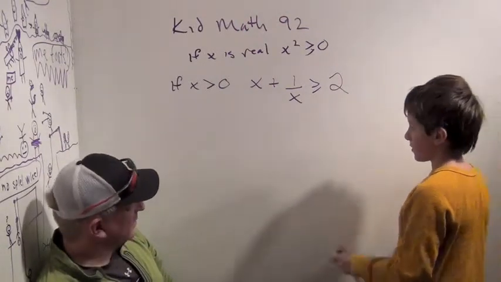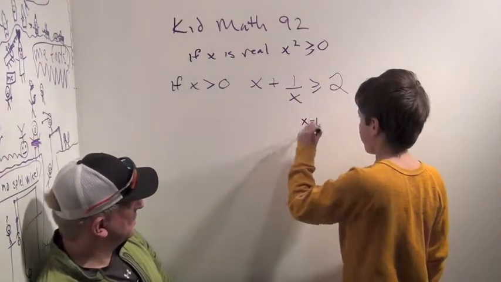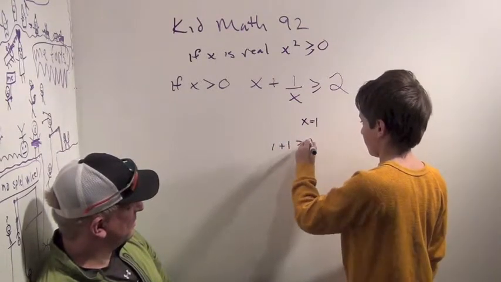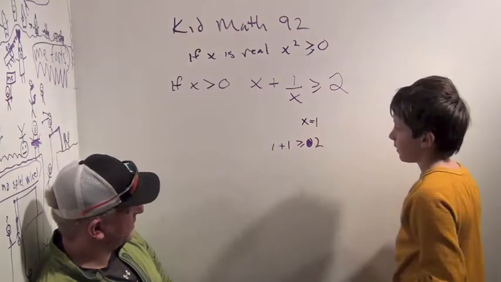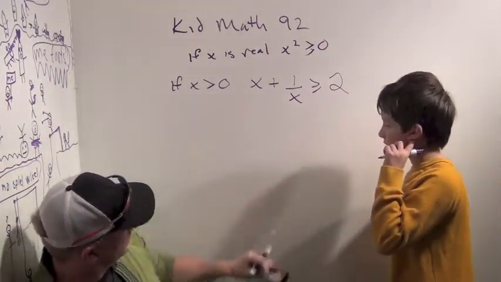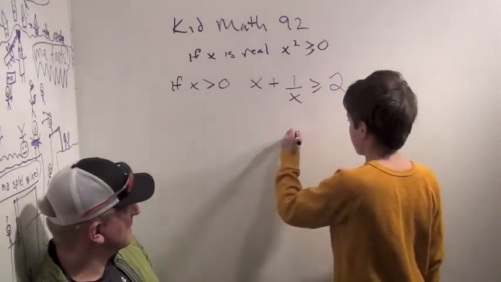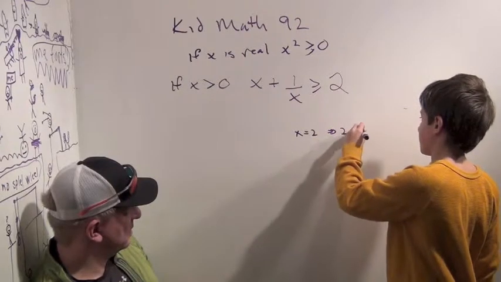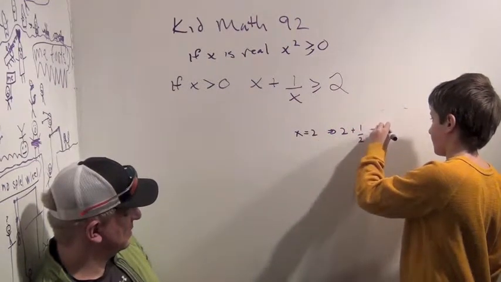So how do you think we should try to deal with this? We can try a few numbers. Let's say x equals 1. We get 1 plus 1, which is greater than or equal to 2. So for 1, it seems to work. Well, x equals 2. You get 2 plus 1/2, which is greater than or equal to 2.